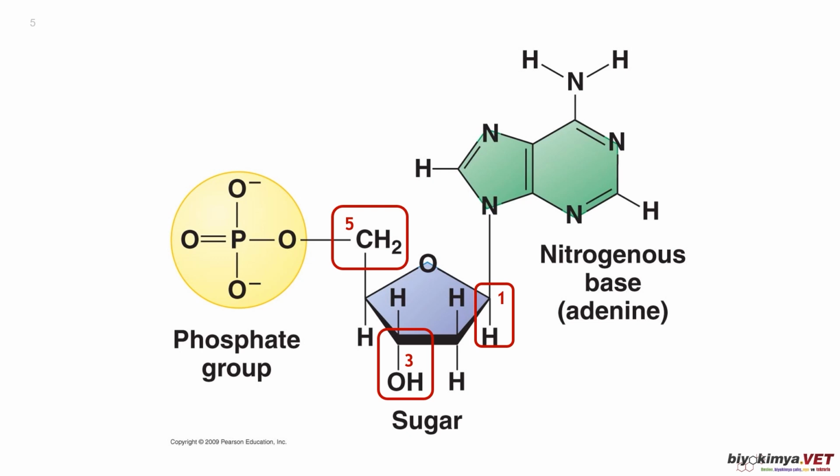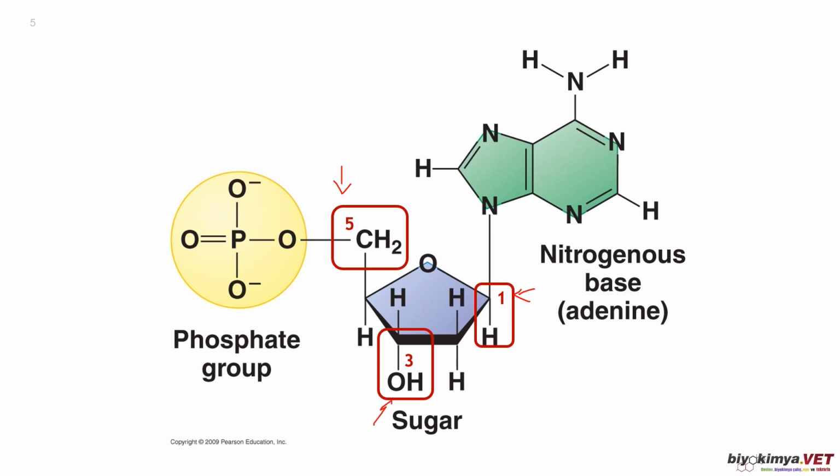Here you see the molecular structure of a nucleotide. Nucleotide having a nitrogenous base, and here in the example it is adenine, as I will talk about nitrogenous bases on the following slide, a sugar moiety and a phosphate group. In the structure of a nucleotide, pentose is in the middle. It is attached to the nitrogenous base with the first carbon, as you see here, and the phosphate to the fifth carbon.